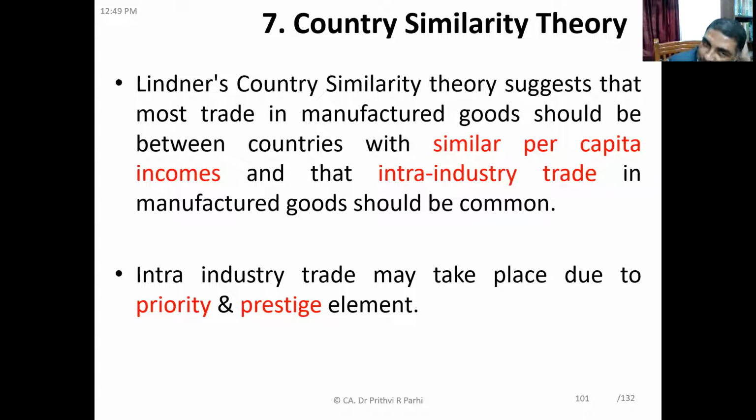That means if countries are more or less similar, trade may happen between them. Say country A and country B have the same per capita income, similar activities, and the same economic condition. Even if everything is the same, there will be international trade and commerce between them.